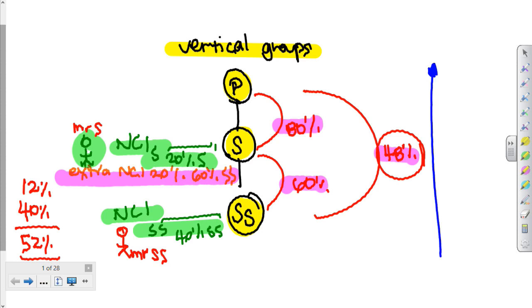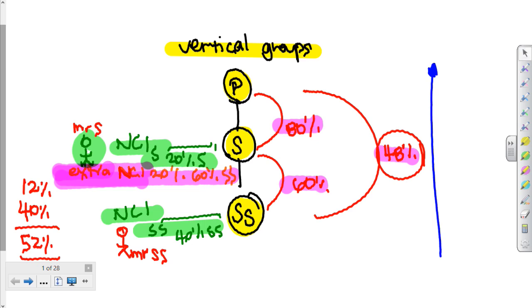But when we do vertical groups, we have two subsidiaries. So we have two NCIs. But because it's a vertical group, we have the extra piece. And this is the most important thing to remember here: this extra piece of NCI, this extra NCI.